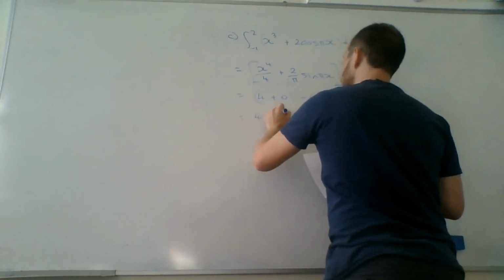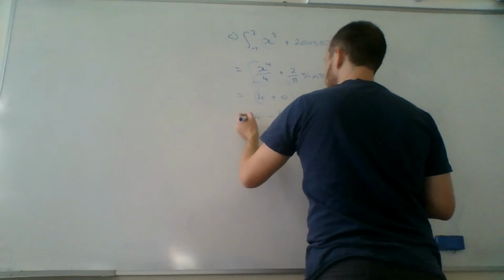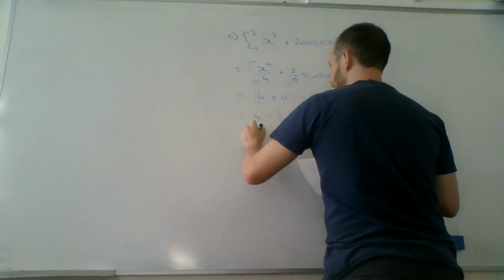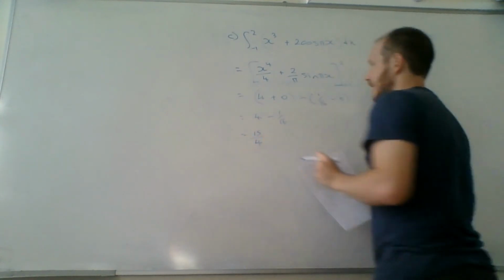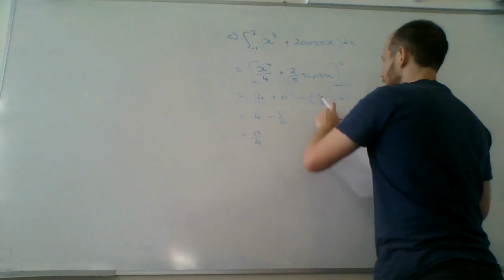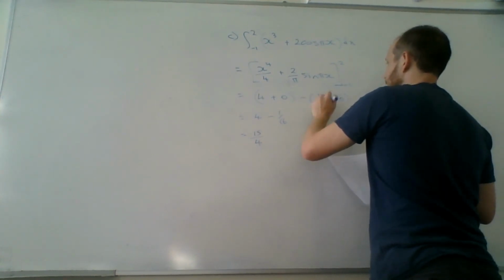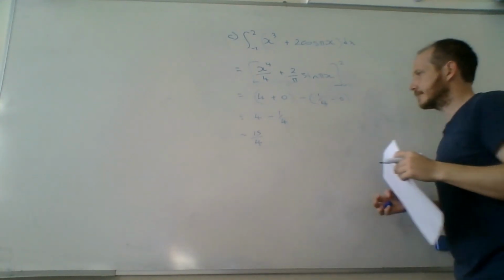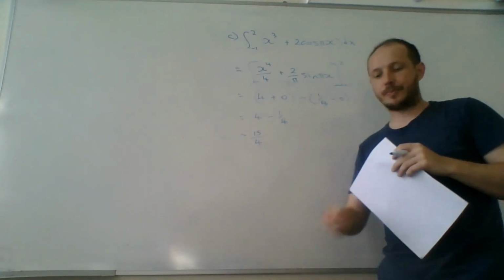So 4 minus 1/4, which, again, you can write in different ways, but basically this will give us 15 over 4. Oh, sorry, this should be 1 over 4. Sorry, my bad. Okay. So we end up with 15 over 4.